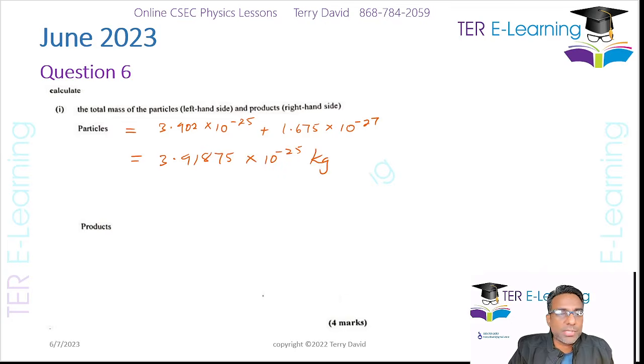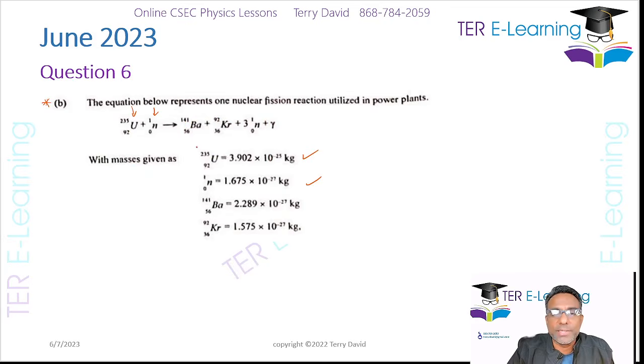The products now. When you go to the equation, you have barium, you have krypton. Now, some students might forget this, but you have 3 neutrons here. See this number 3 here? You have to cater for that. So the barium is this number here, 2.289 by 10 to the minus 27.